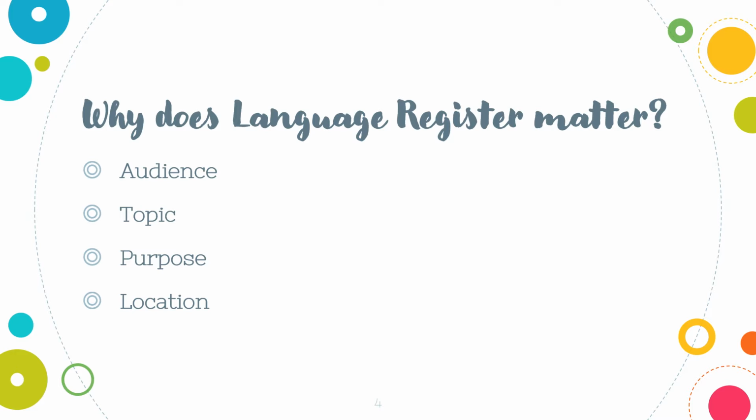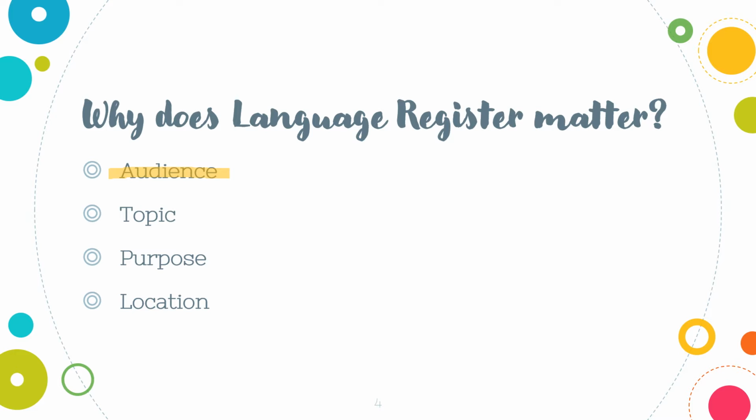So the first factor to consider is audience. Students need to understand that different audiences require differing types of language. For example, the way they speak to their parents may differ from how they speak to their siblings when they are alone.